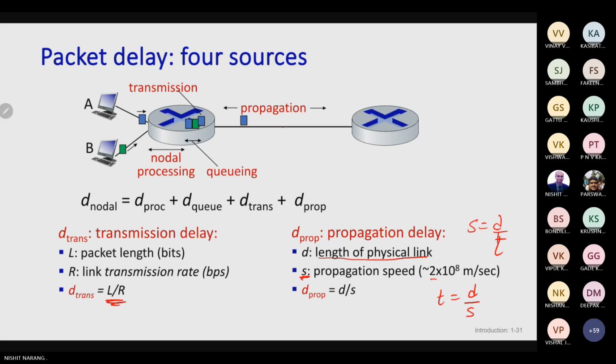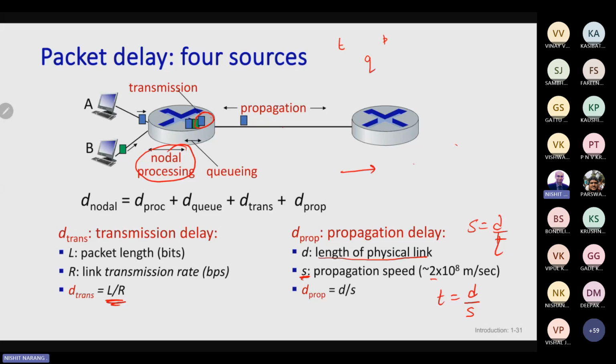Okay. There's a fourth source. So far we said there's a transmission delay, there's a propagation delay, and there's also a queuing delay. But there's a fourth source of delay, which is called the nodal processing delay. What is that? Every switch, when the packet goes into the queue, that delay is called the queuing delay. But when this switch picks up the packet from the head of the queue, what do I do for forwarding?